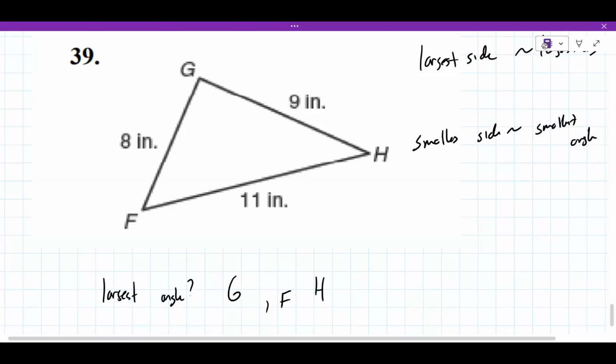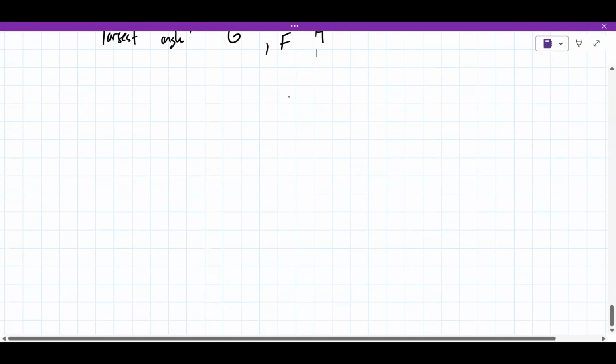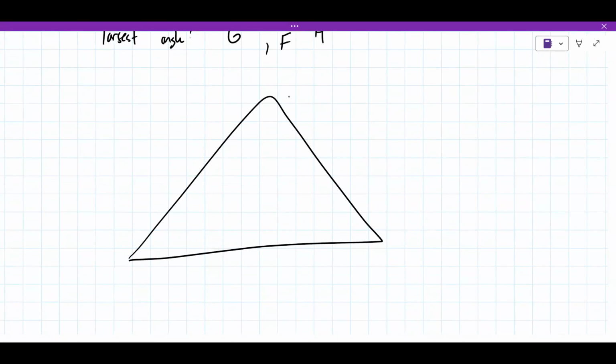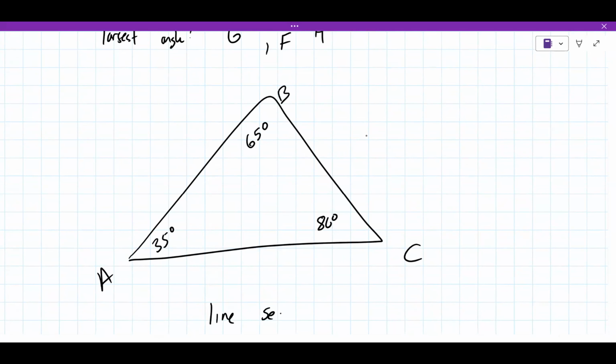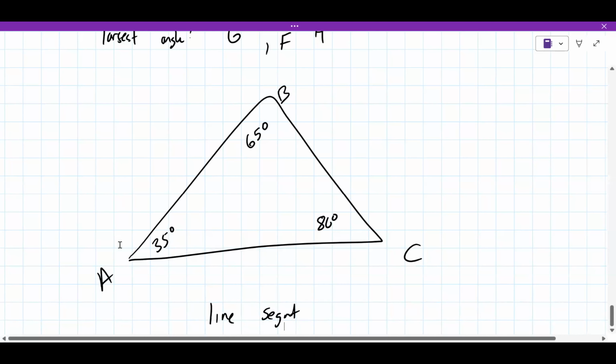Good. So similarly, you could do that with angles. I could give you something like this: 35 degrees, 65 degrees, and 80 degrees, for A, B, C. Which is the largest line segment? Line segments require 2 letters. CB. CB is across from the 35.